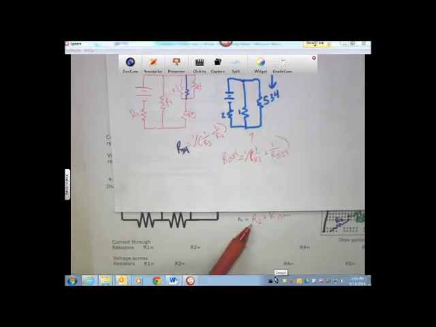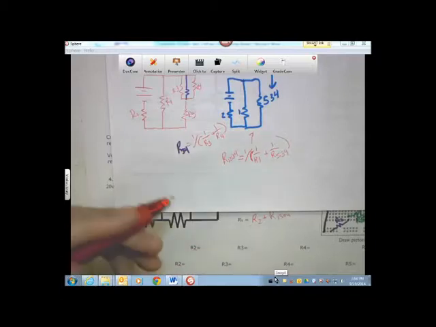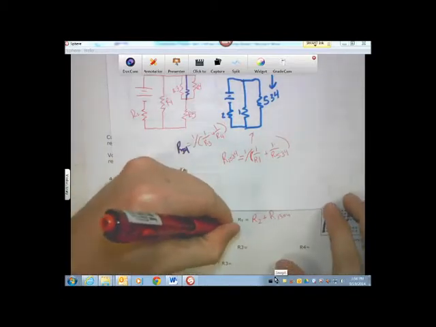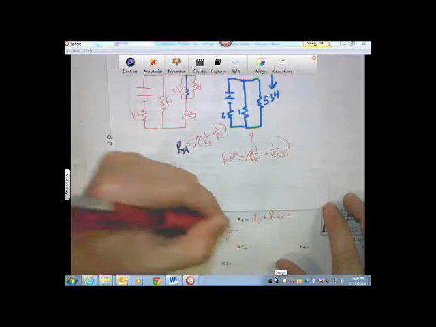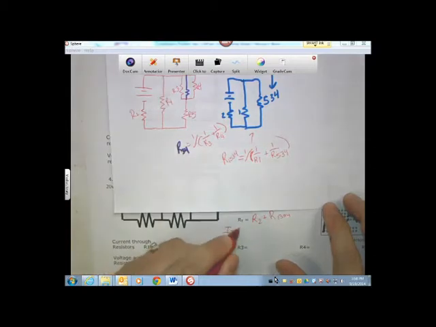So once I've determined RT, I can then find IT, which equals V total over RT.